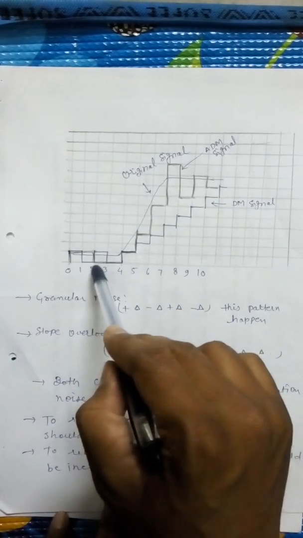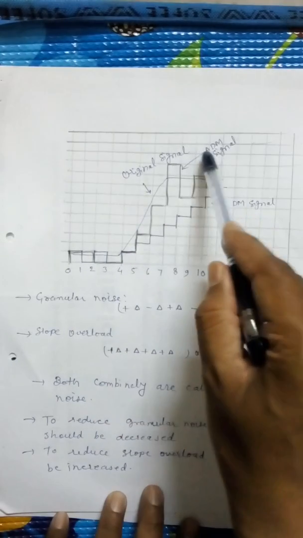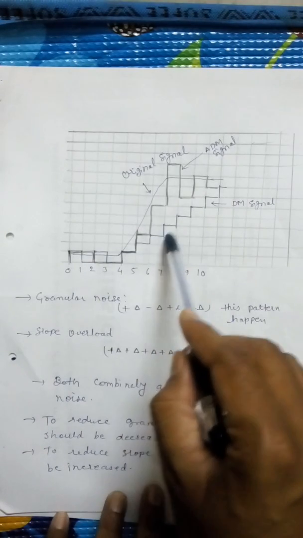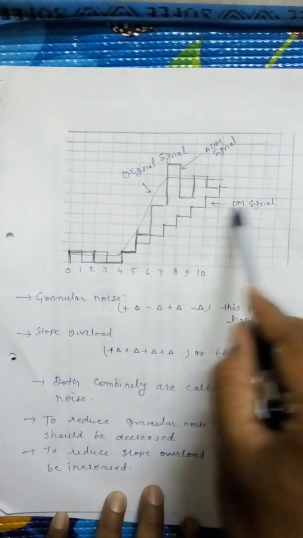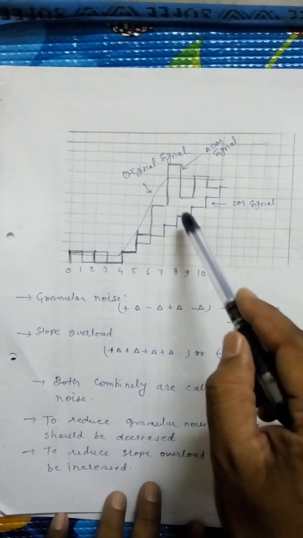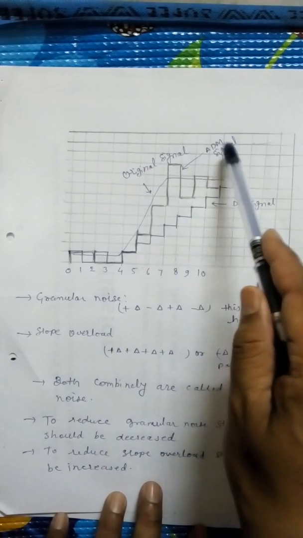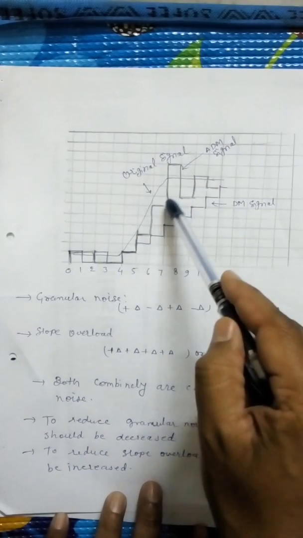The signal sketched by pencil is our ADM signal, this staircase signal drawn by pen is the delta modulated signal, and this is our original signal. By observing this diagram, we can say that our ADM signal is closer to our original signal.